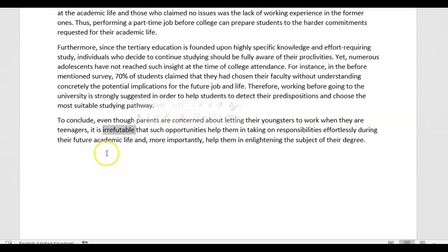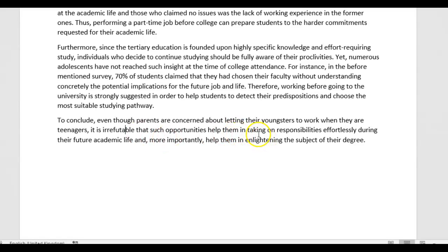You could say the irrefutable arguments, the argument that such opportunities, blah, blah, blah, is irrefutable, right? So you could use irrefutable with the word argument, which would make it work much better because they collocate perfectly. You can say it is indisputable, and that is much more natural.